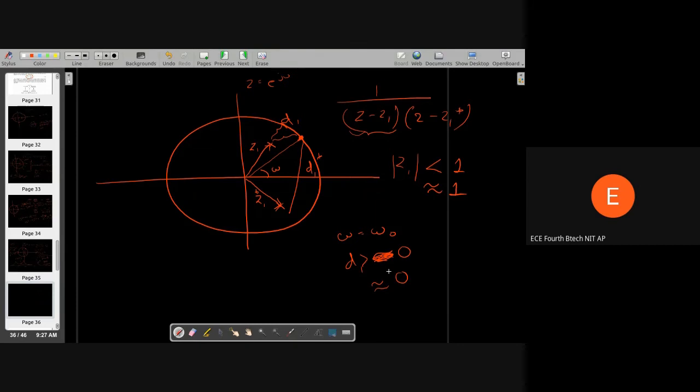So this H(z), where z equals e to the power j omega, that means our Fourier transform we are trying to find, if you take the magnitude, it becomes very, very high.